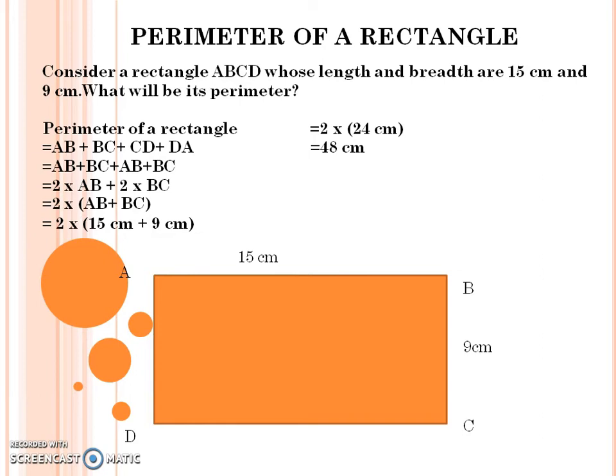So perimeter of a rectangle is AB plus BC plus CD plus DA, that is AB plus BC plus AB plus BC. Twice, 2 into AB plus 2 into BC, taking 2 common, 2 into AB plus BC, so 2 into 15 centimeter plus 9 centimeter, you get 2 into 24 centimeter, and the final answer is 48 centimeter.